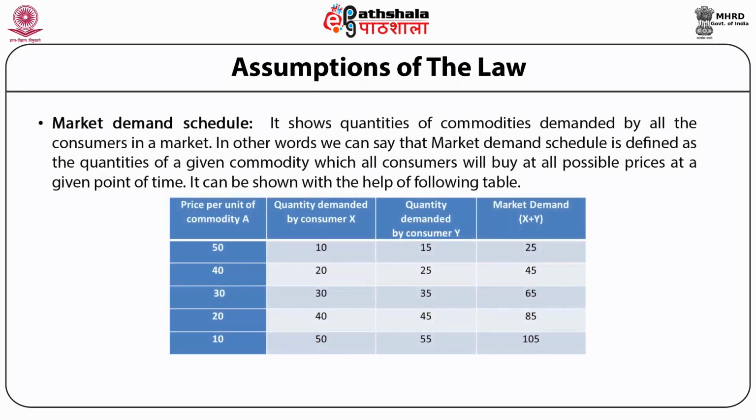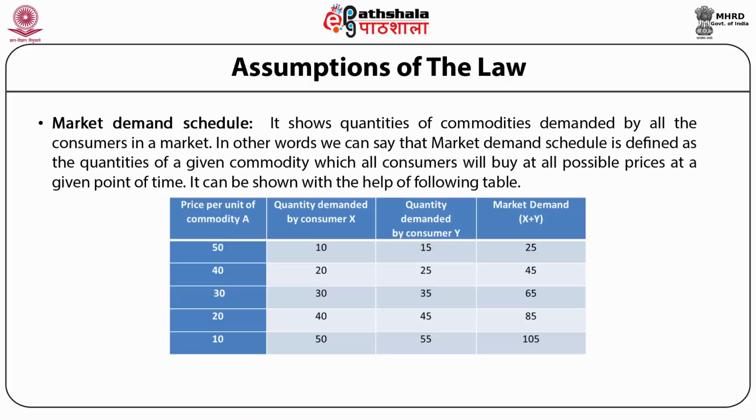Market demand schedule. It shows quantities of commodities demanded by all the consumers in a market. In other words, market demand schedule is defined as the quantities of a given commodity which all consumers will buy at all possible prices at a given point of time.